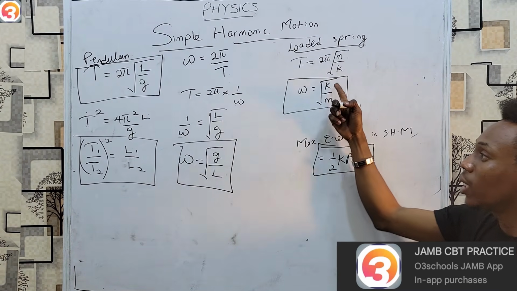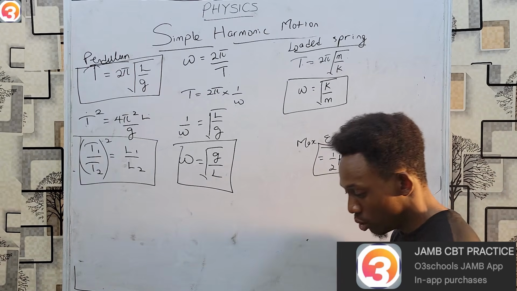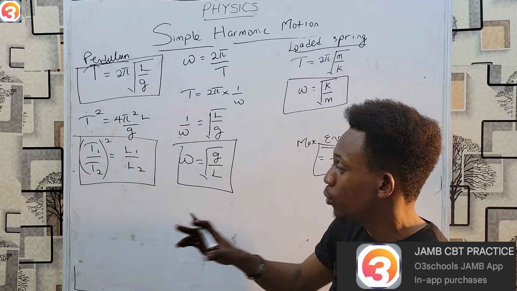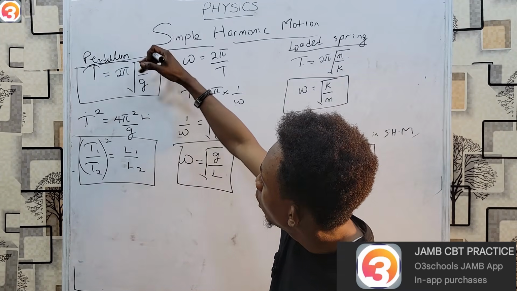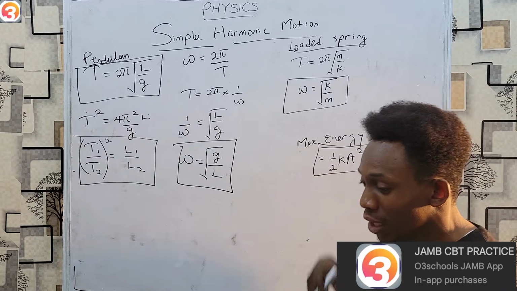This K, like the K here, is the force constant, while A is your amplitude. And I'd like to assume that all these symbols are familiar. We've seen them before. T is period, L is length, G is acceleration due to gravity, and omega is angular velocity, like we know.